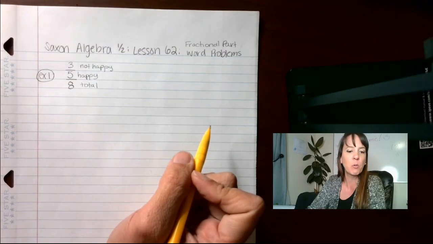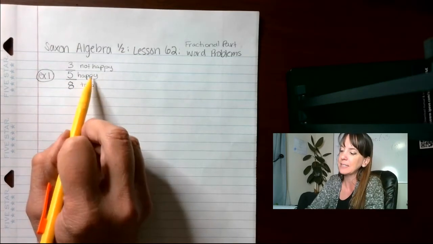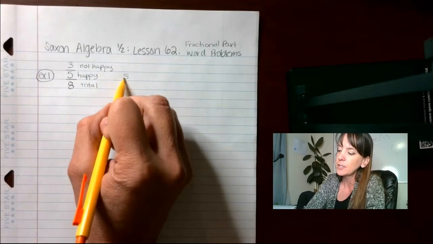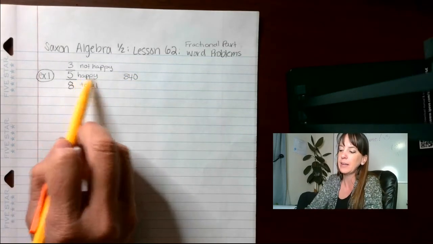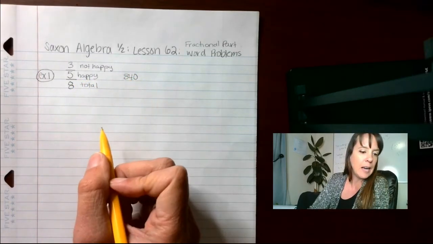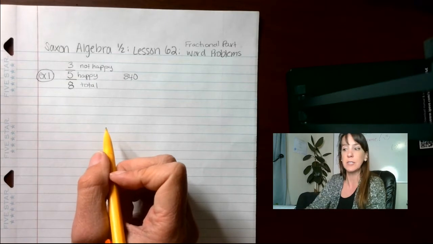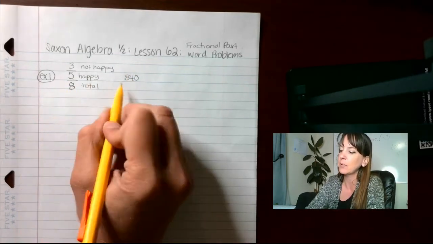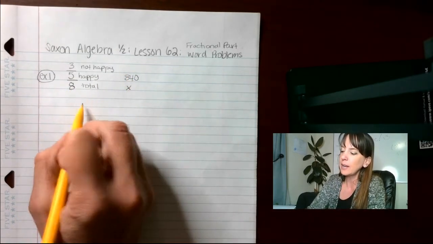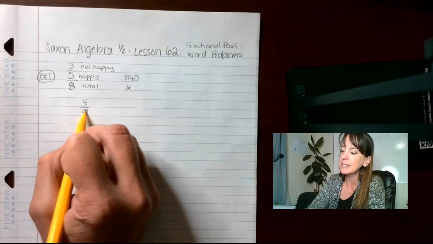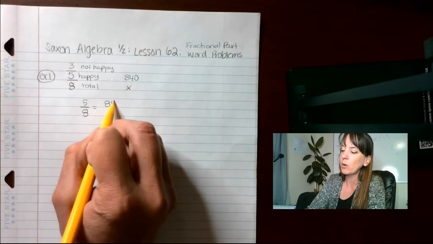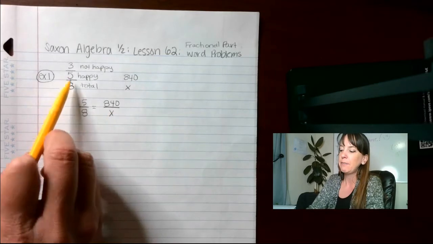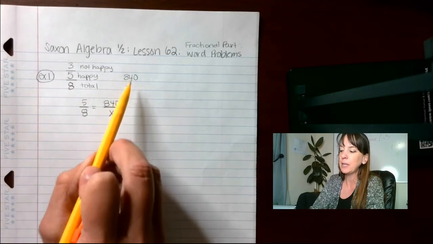If 840 gnomes had happy faces, that's right here. So if 840 gnomes, and I put it in that column, how many gnomes total lived in the forest? So that's this thing that we're looking for. If we set that up, we're going to have 5/8 equals 840 over x. 5 happy over total, happy over total.